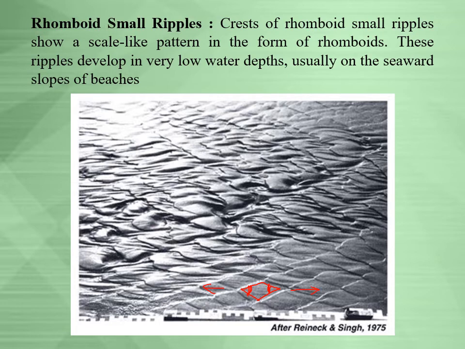So from these kinds of rhomb shaped ripples or rhombic ripples, you can say the sense of the flow, that is either flow is from left to right or from right to left, but the exact flow direction is hard to say from these kinds of ripples. Why I am saying that you can say the sense of flow is because your flow direction is limited with respect to every possible direction.